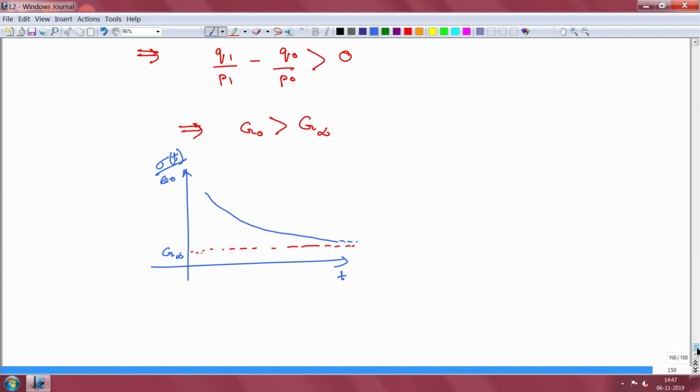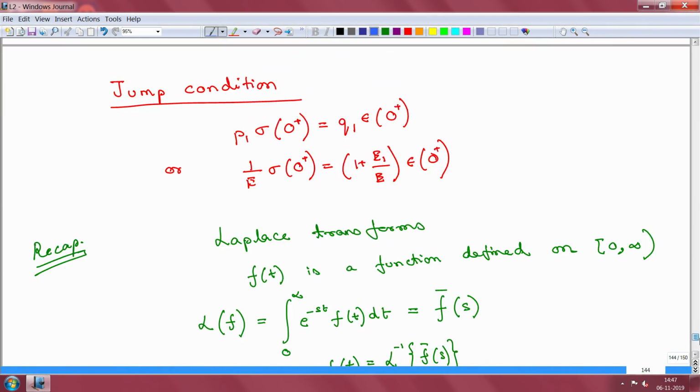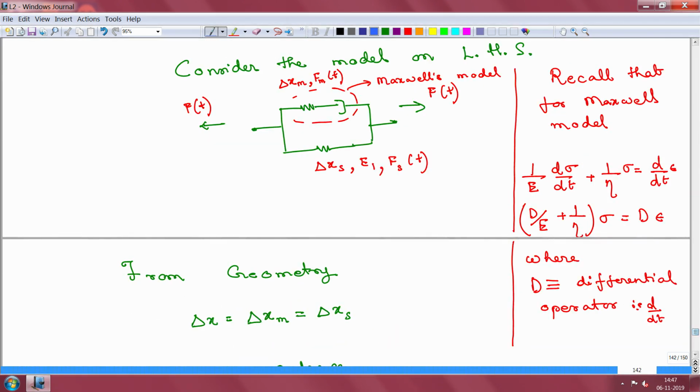And that is what we had said in the very beginning itself, that by intuition or simple physics based arguments, this model has to behave like a solid body, because the spring's displacement is arresting the total displacement of the system, right.